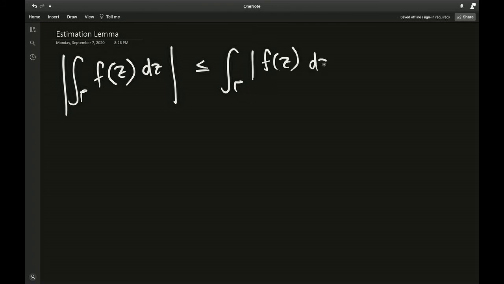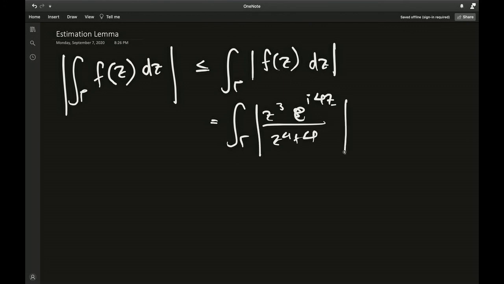Now what we can do is plug in f of z, z cubed e to the i 4z over z to the 4th plus 4, surrounded by mods.